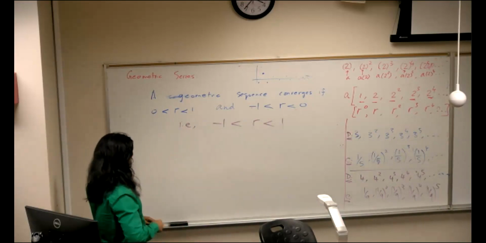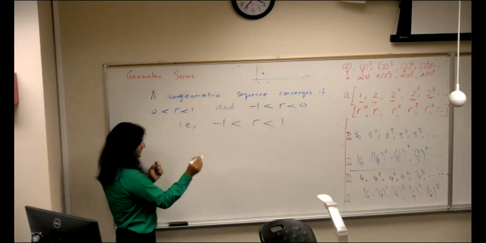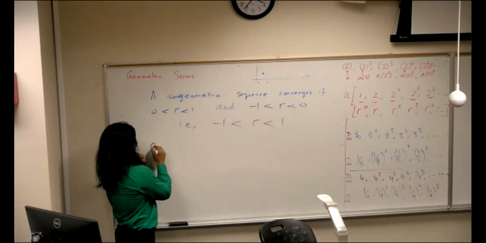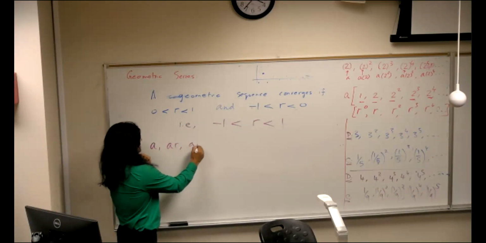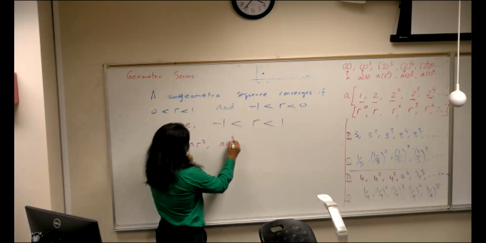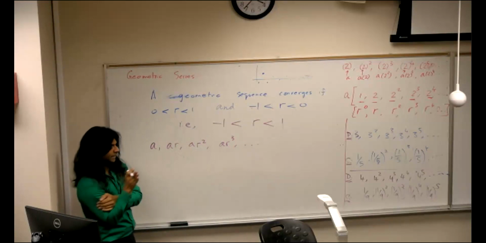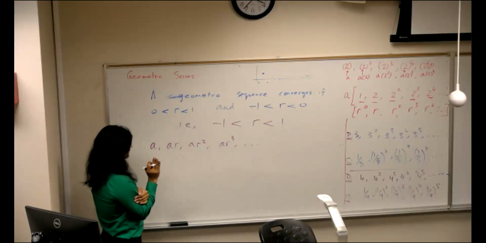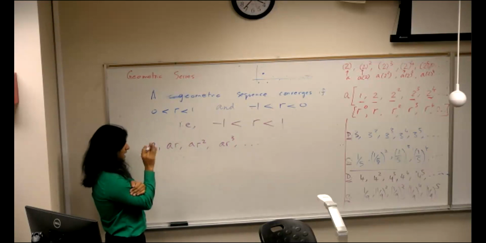So what do I mean by that? Well, let's write the partial sum for a geometric sequence A, AR, AR squared, AR cubed, and so on. It doesn't matter what the general term is or where you start.